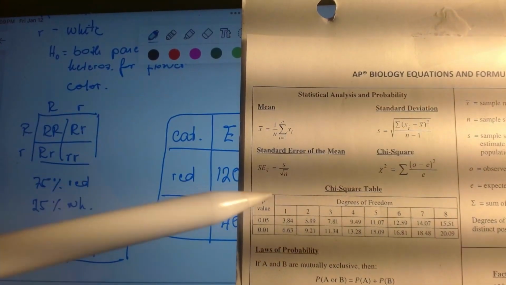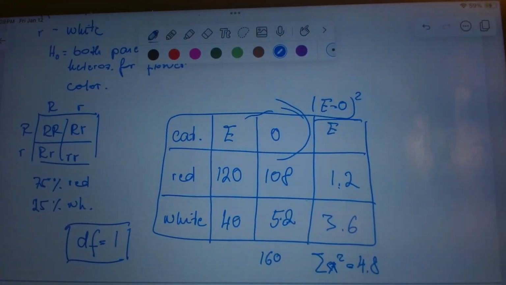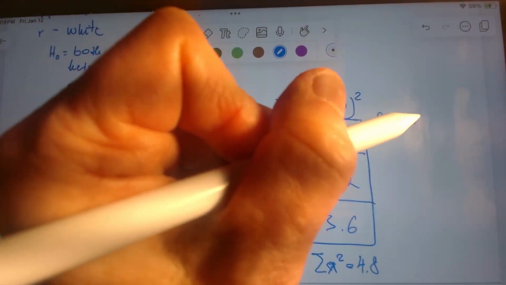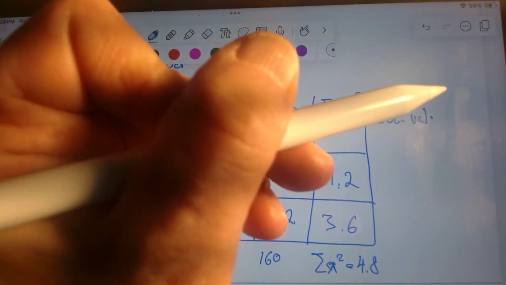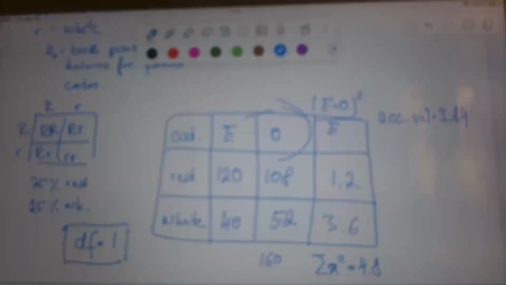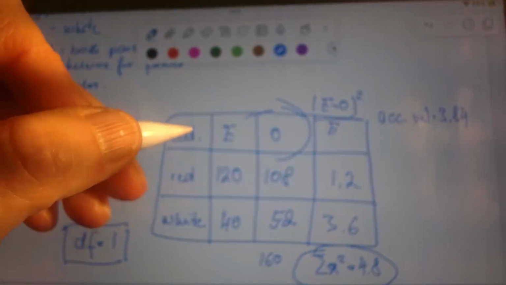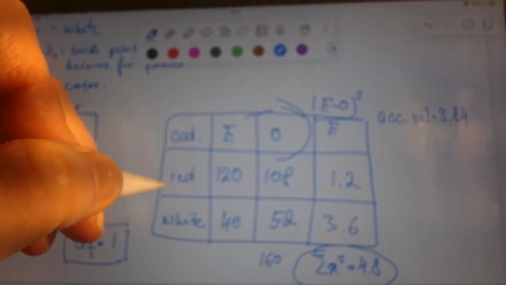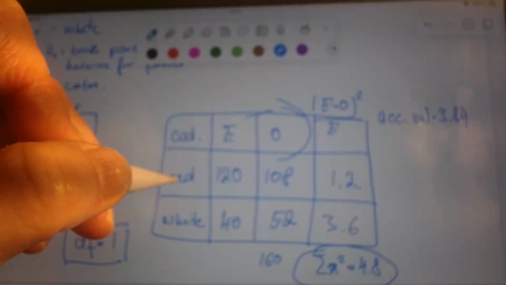It's 3.84. So the accepted value will be 3.84. But our chi-square value is way bigger than the accepted value.